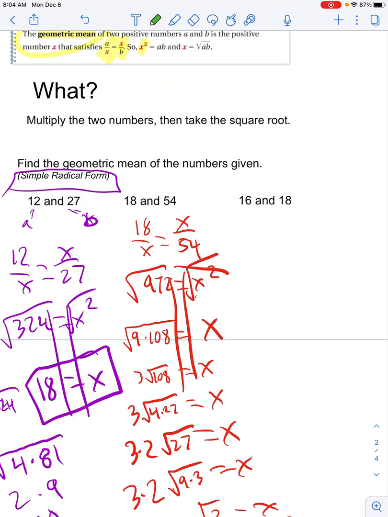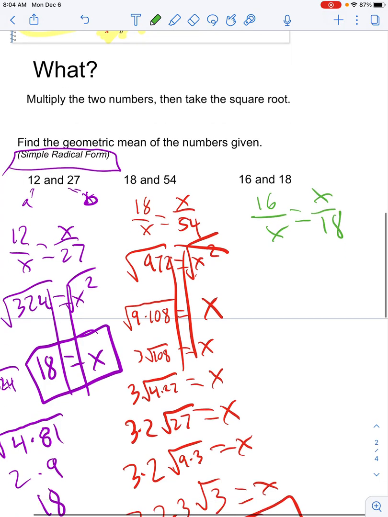All right, last one here again. Multiply 16 and 18. 16 times 18, 288 equals x squared. Take the square root. I'm trying to figure out what perfect squares go into 288.